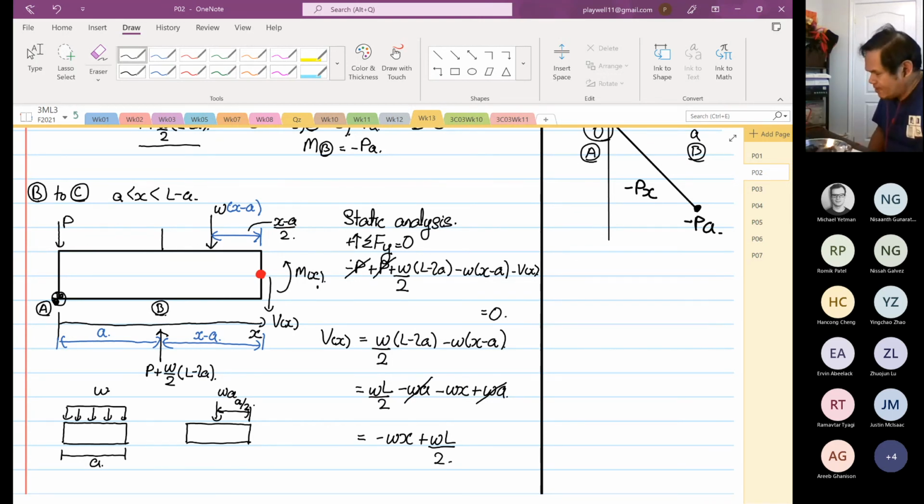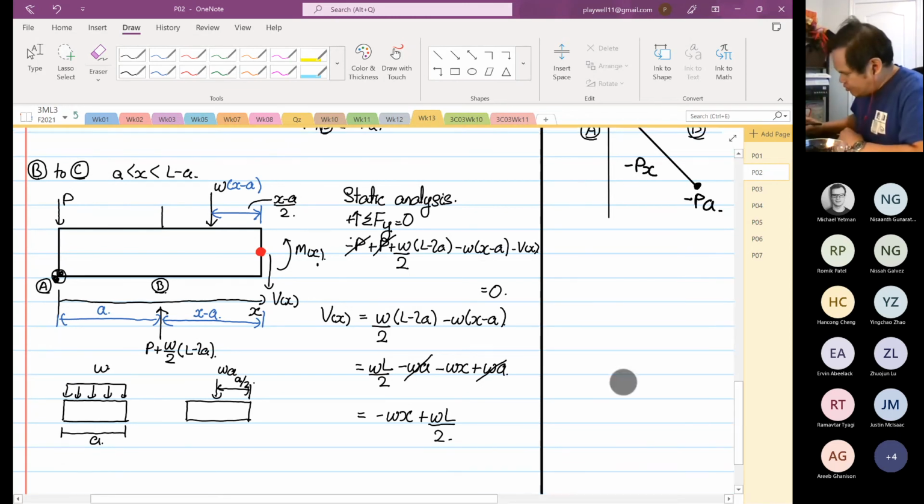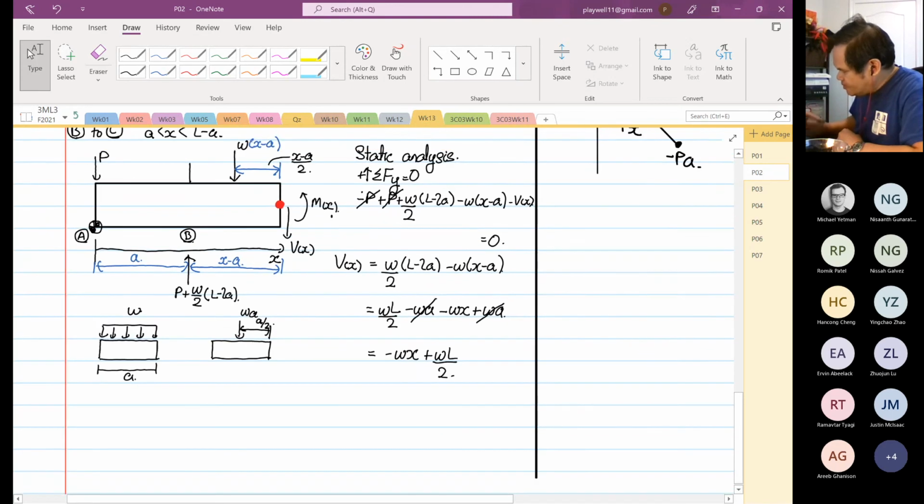Next, where it gets a bit confusing, but does not mean it's impossible, is we're going to do the moment. Now this is where you have to get your distance right. If your distance are wrong, whatever you form, game over, no point.